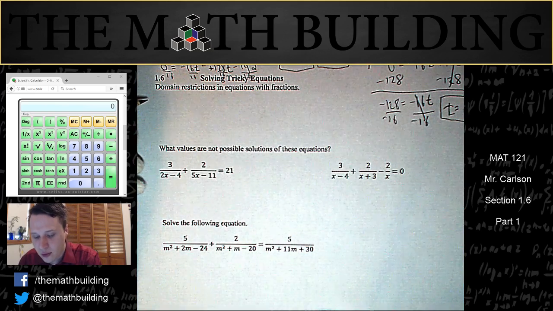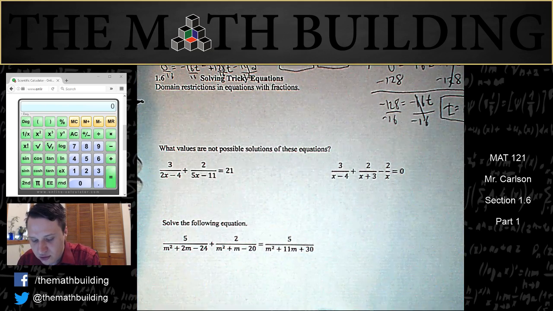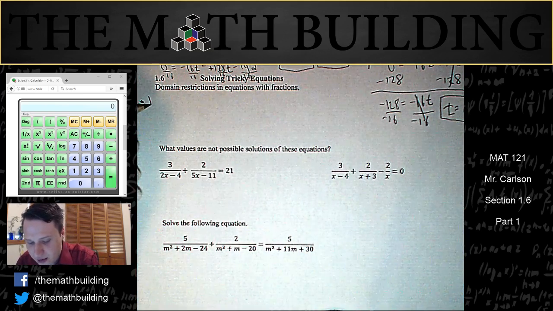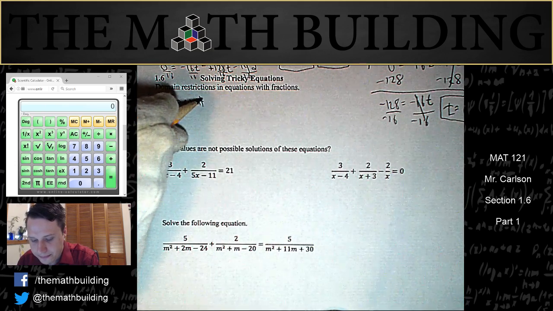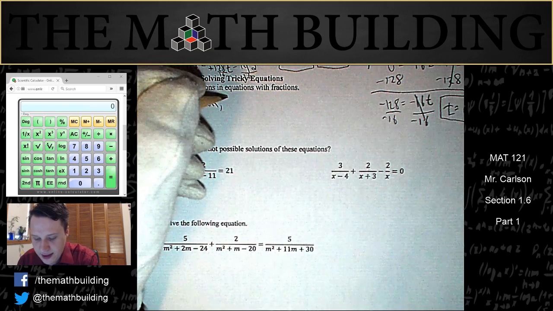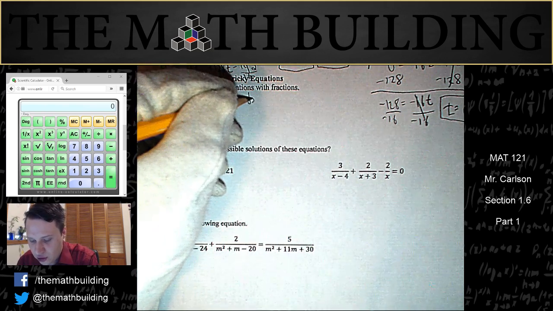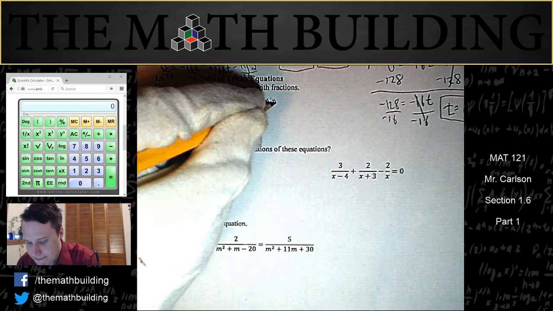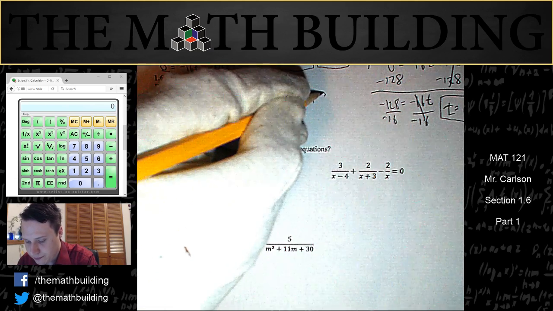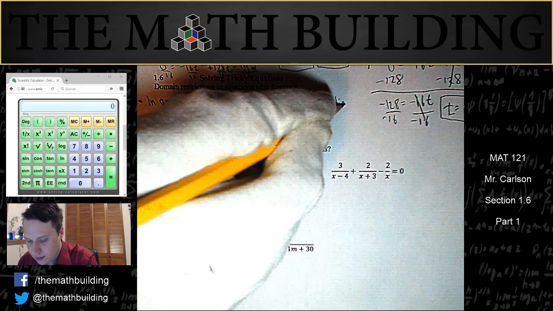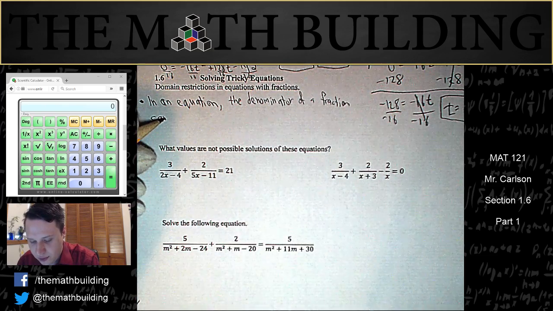We'll talk about this more later, but the first big restriction is that in an equation, the denominator of a fraction can never equal 0.